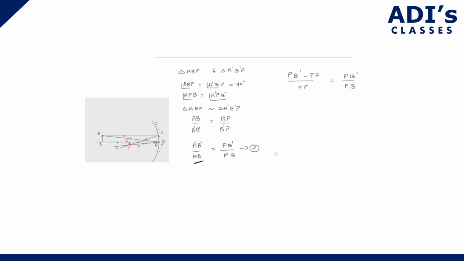According to the Cartesian sign conventions, PB' will be minus V because you are going against the direction of light.